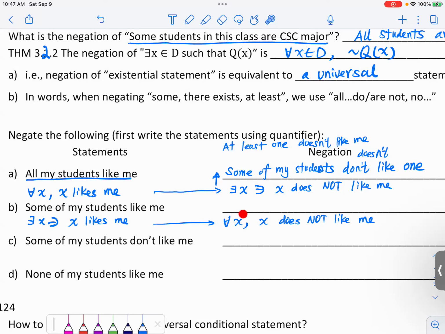This is a universal statement. That means all students do not like me, right? In English, all students do not like me. That's the negation. And again, I want to emphasize a typical mistake. Some people would just negate the predicate and say some students do not like me.